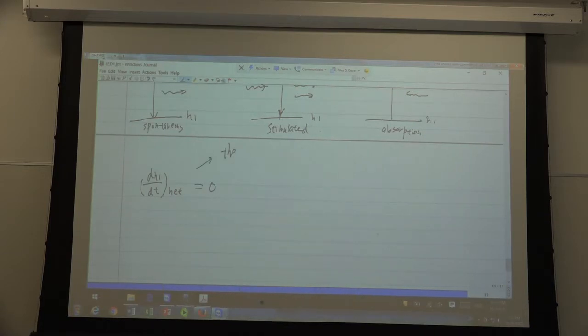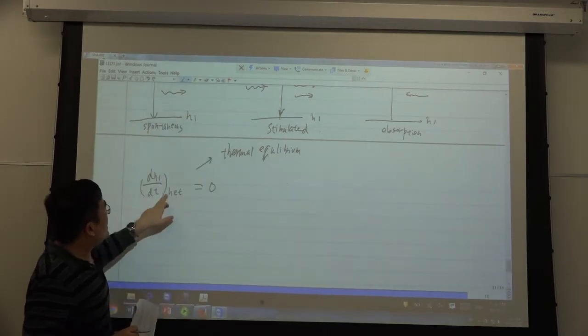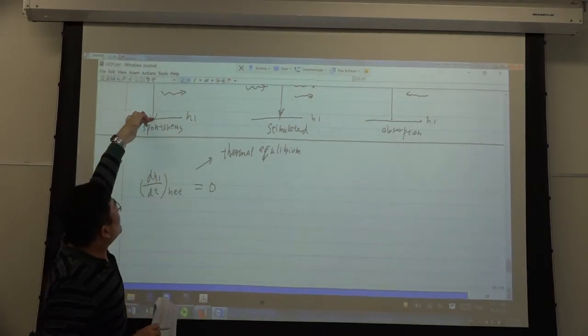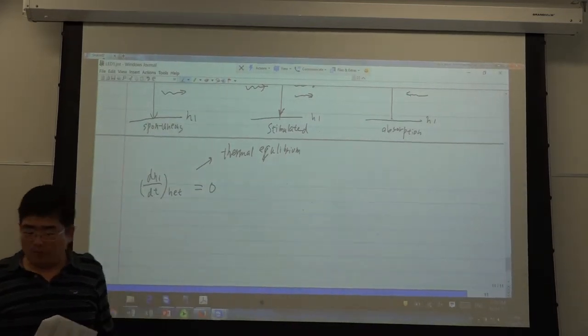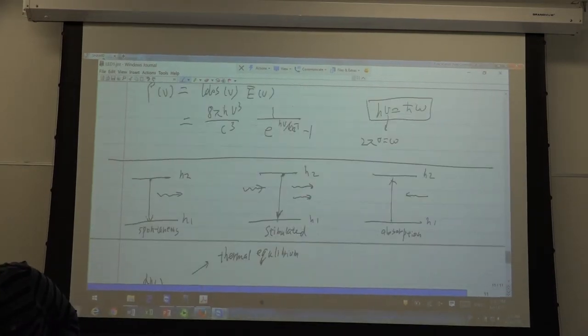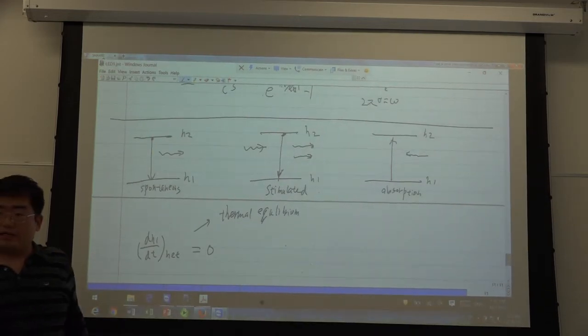At thermal equilibrium, the net change of the atom density at the ground state equals 0. This is called detailed balance. That means the number of atoms cannot be increased or decreased at the ground state at thermal equilibrium.